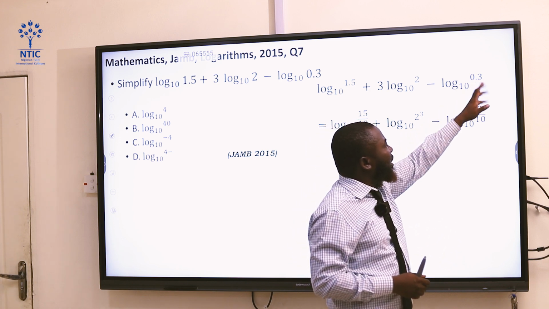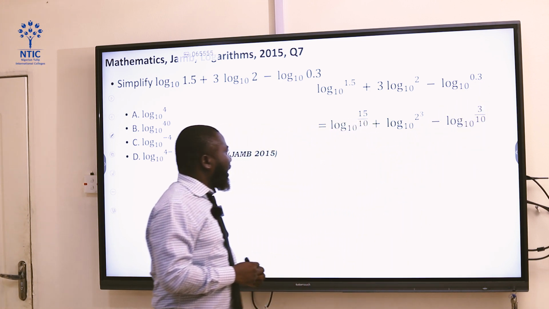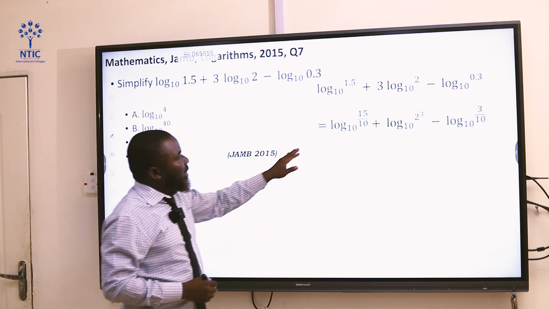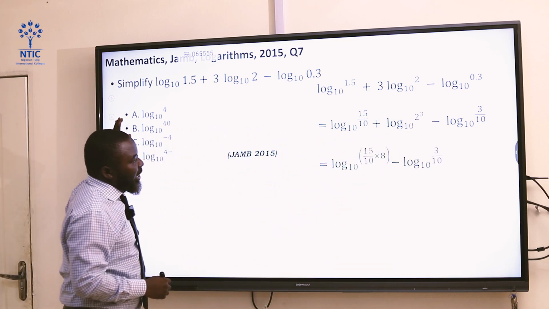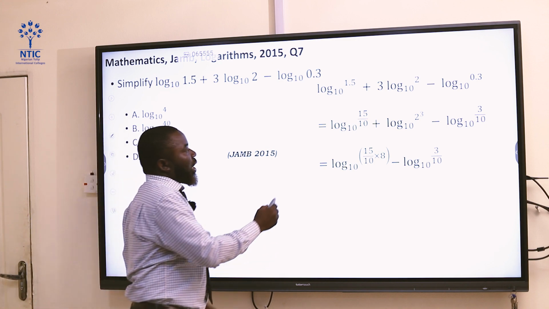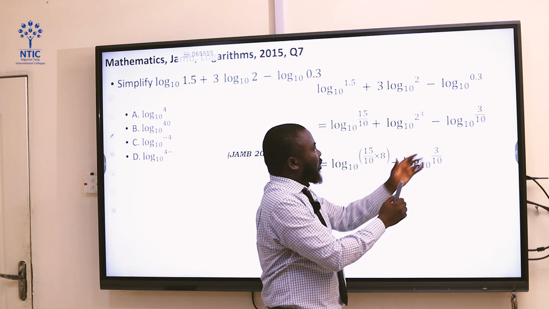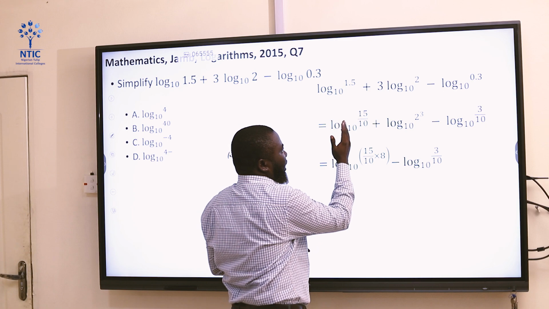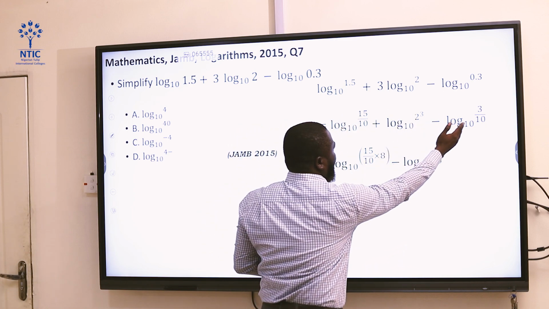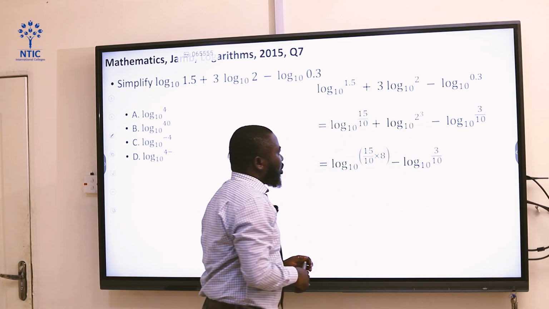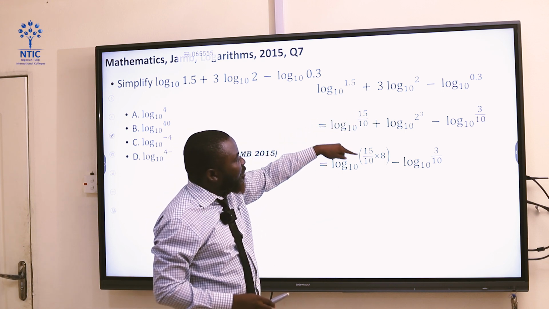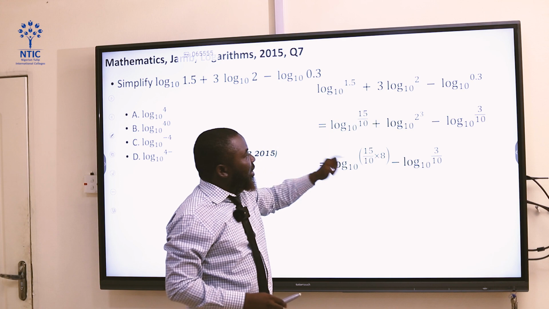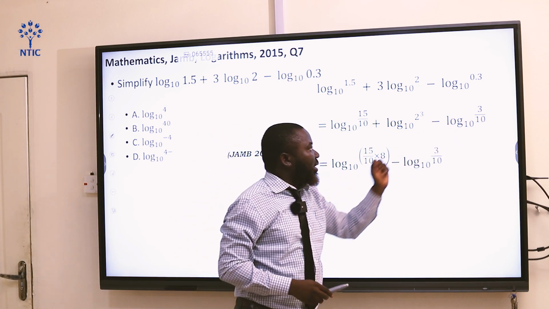And then 0.3 is the same thing as 3 over 10. So now that we have this, 2 to the power of 3 will give us 8. So we're going to apply the addition and subtraction laws, where the addition law says we should multiply and the subtraction law says we should divide. So we're going to have log of 15 over 10 times 8, then minus this.